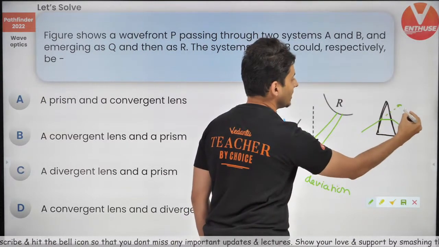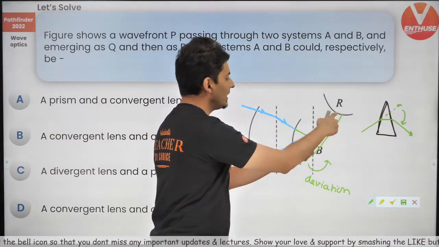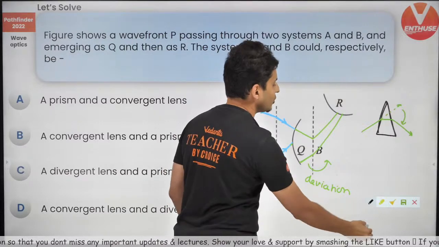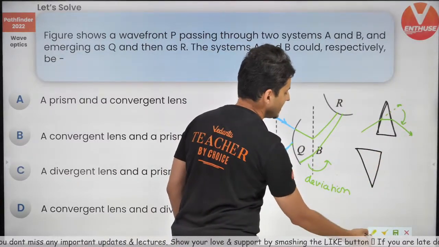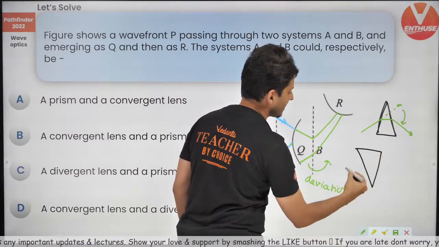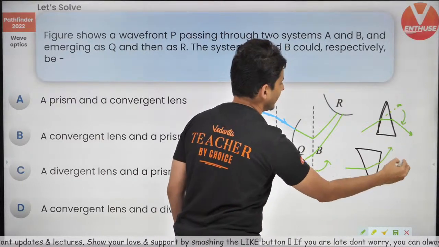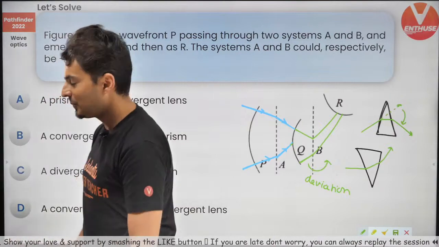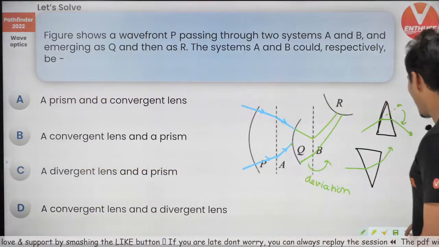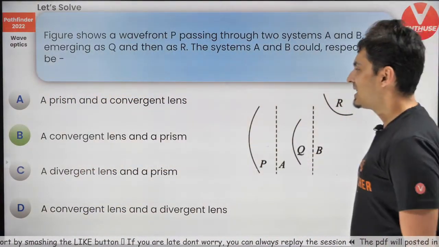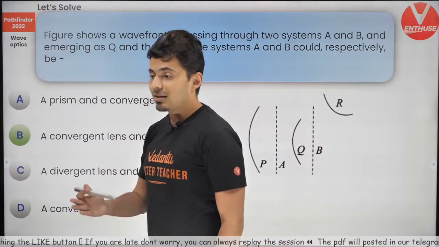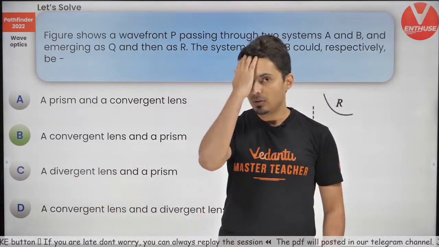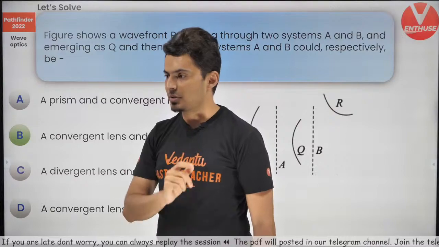It was supposed to go here, but it deviates. So definitely this is a prism, but this prism is inverted, like this. That's the reason why the rays coming like that will bend like that. So this is a prism, that is a converging lens. Hence, that's the answer. I hope that makes sense, all my warriors. Yeah, so a converging lens and a prism. These are the kind of questions one can expect in Huygens principle.